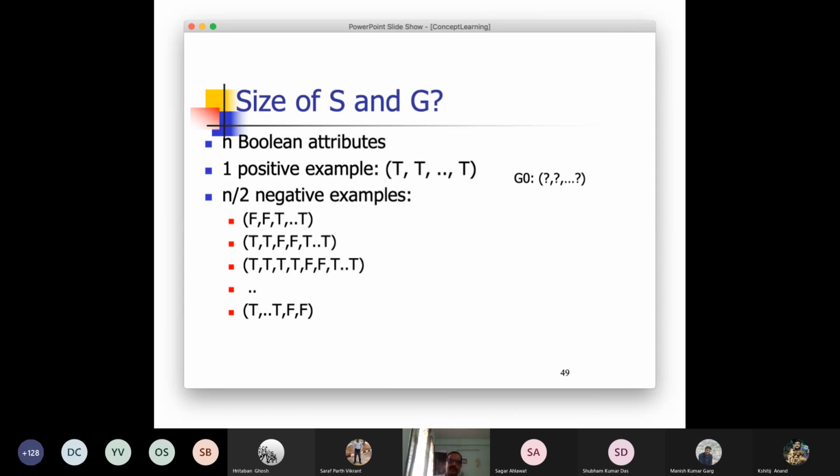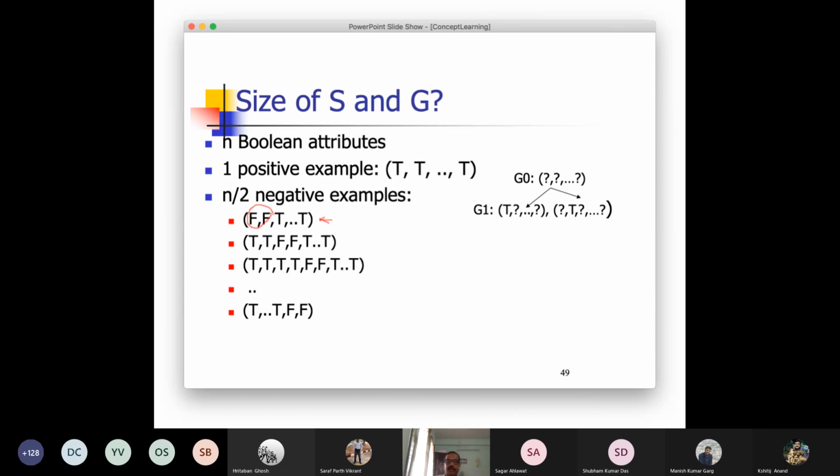Your most specific hypothesis would always be all T, because that is the only positive example. But when you are getting a negative example, every time you are modifying G. Your initial set of hypotheses will be all question marks. That is your initial point. In the next iteration, when you come to this negative example, you can see that these two together cannot be false.